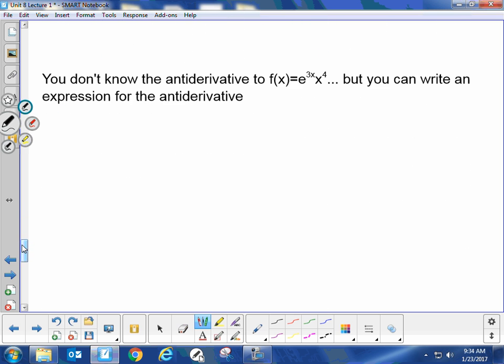Here's a question that we can use this fact to exploit and get the answer. I don't know the antiderivative to e to the 3x, x to the 4th, but I can write an expression for the antiderivative, right? Because I know the antiderivative of f is big F. I know that we can write big F as just the accumulated area from some value, it doesn't matter what your value is, of your function just using t's instead of x's.